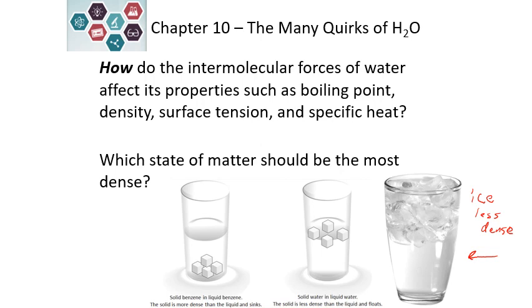Well, ice is unique in the fact that its solid is less dense than the liquid. Although it's what we most commonly see, this is a very unique property. Most other substances, the solid will sink in the liquid. And this makes water unique because its solid floats when most other substances, the solid would sink.